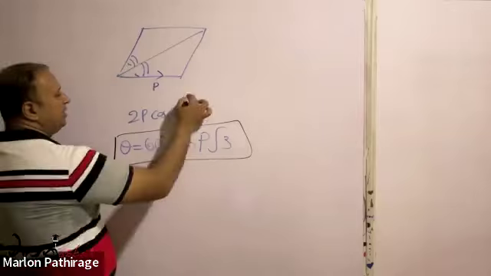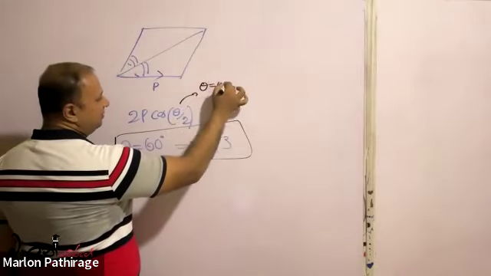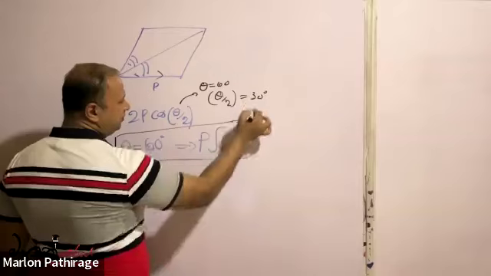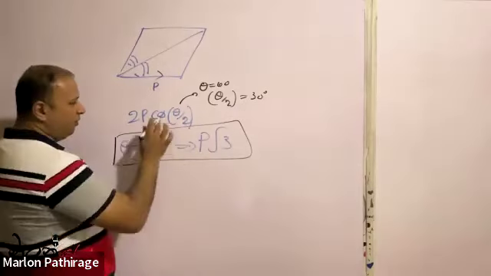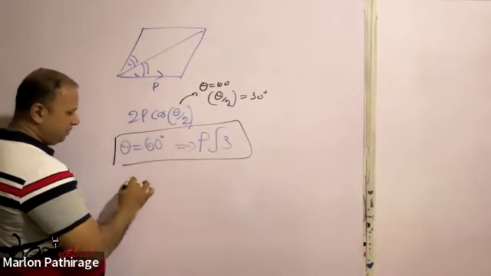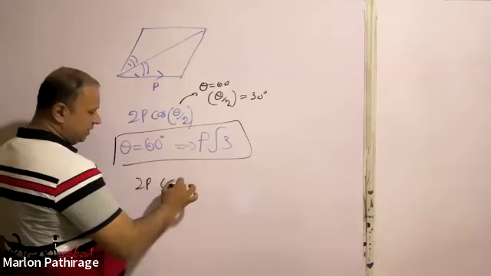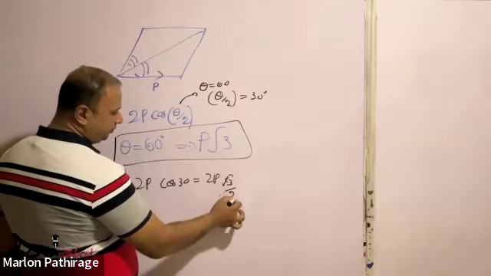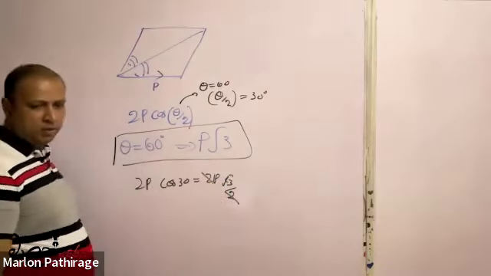If theta is 60, theta over 2 is equal to 30. Therefore, if you apply 30 here, 2P cos 30 is 2P root 3 over 2. The 2 will be cancelled out.